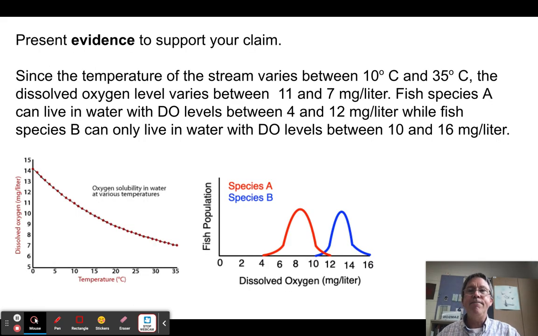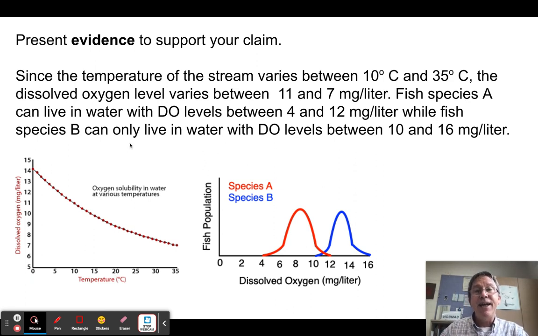Okay. Now, next you want to present your evidence, and here's where the finesse comes in. If there's anything that can be a little bit tricky, it's this part here, but it is really essential if you're going to get full credit. So I want to explain what evidence there is. I can't just write down the DO levels. I have to explain. I'm making an argument. So I'd say, since the temperature of the stream varies between 10 and 35, the dissolved oxygen level is going to vary between 11 and 7 milligrams per liter, as seen in the dissolved oxygen curve in the graphs below.